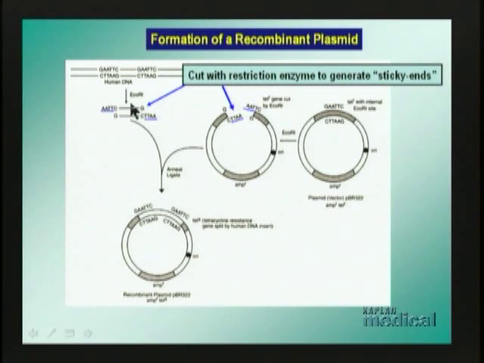This fragment now will insert into this area right here of the cut vector. And notice how this AATT there will base pair with the TTAA there. And similarly, this TTAA of this fragment will base pair with the AATT of the bacterial vector. So like a cassette in a tape player, this fragment now inserts itself right into this portion of the cut DNA vector from the plasmid.